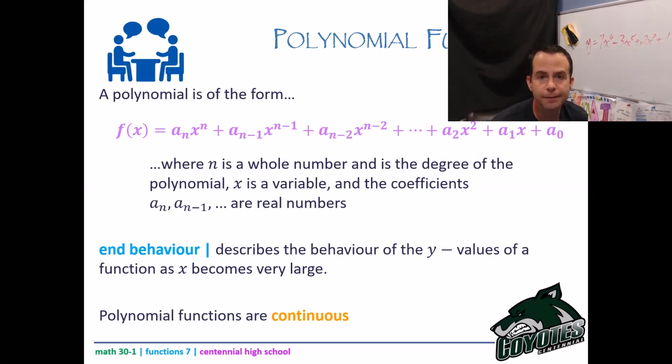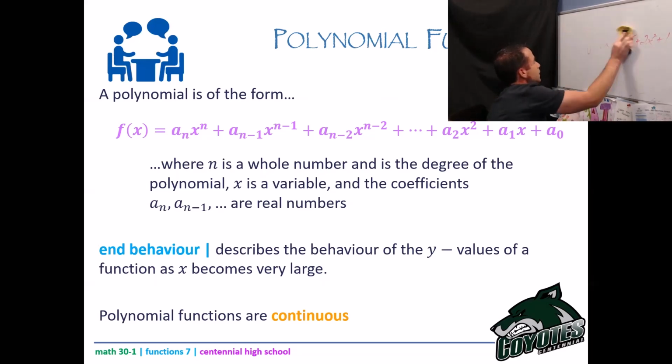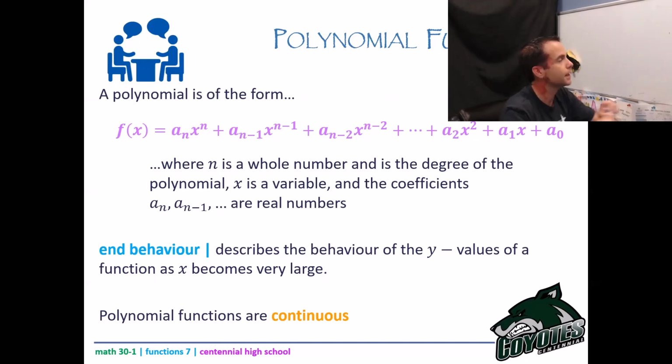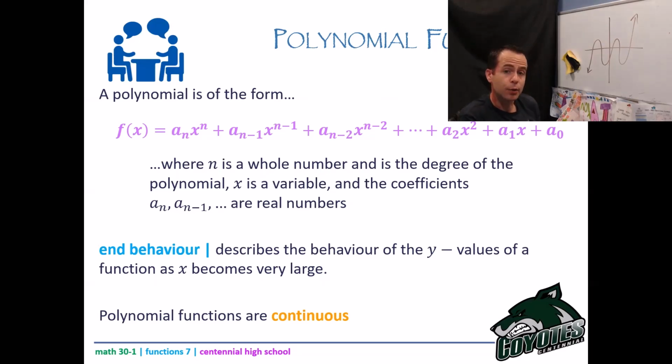The end behavior describes the behavior of the y values as the function of x becomes very large. So usually we're looking to the right. Sometimes we may also describe the end behavior like this. If I gave you a graph that looks like this, we could say the graph ends going up.